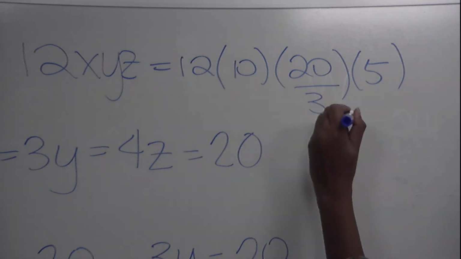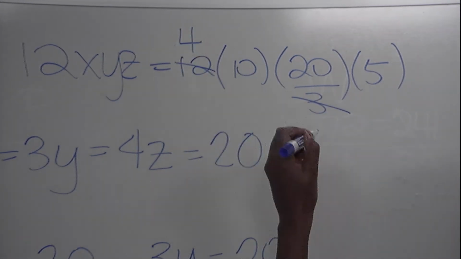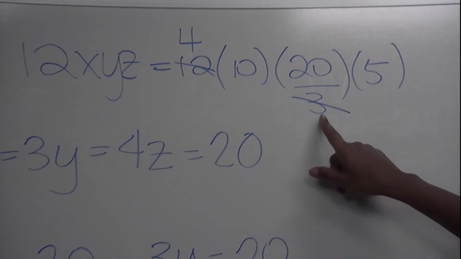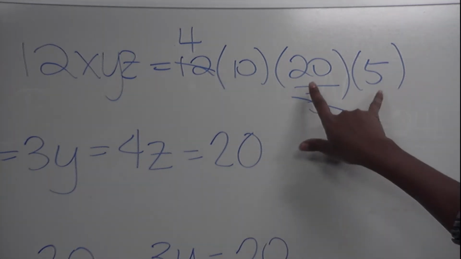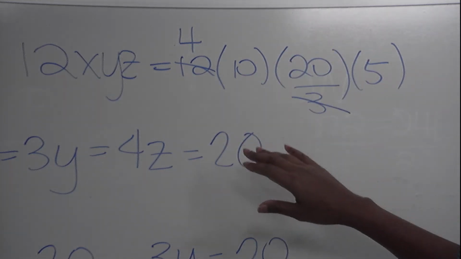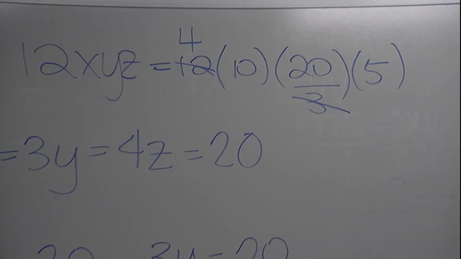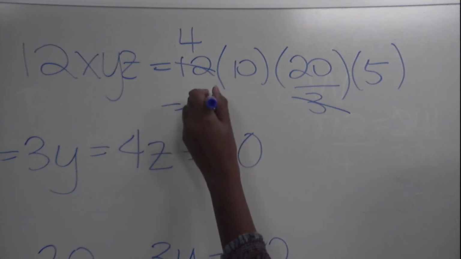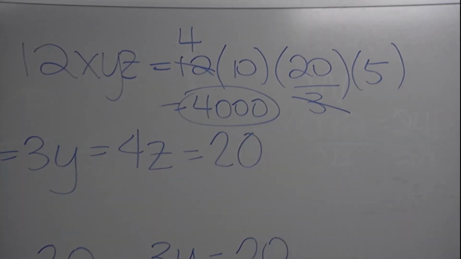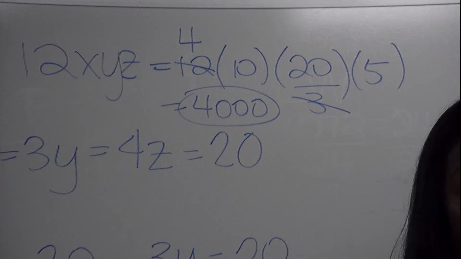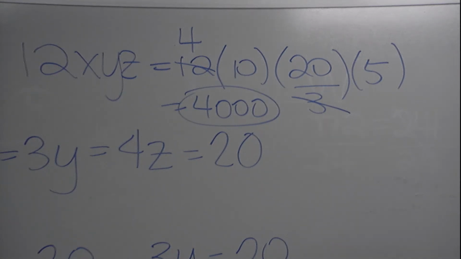We can divide first. 3 goes into 12 4 times, so that eliminates our denominator there. And now we can do really any order of operations we want, and we should end up with 4,000 as our answer for that, which is answer choice C on page 357. Okay, so those are two different examples of your traditional multiple choice questions with one response.